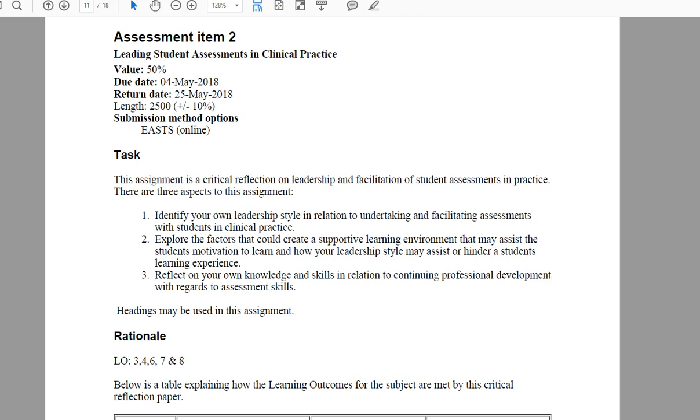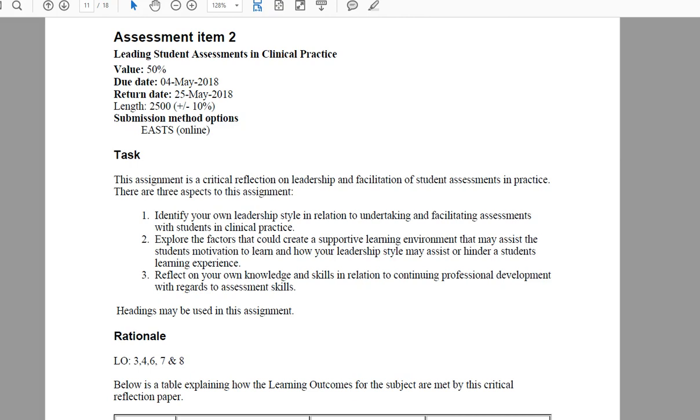Or autocratic, you might talk about yourself as being a transformational leader, where you're transforming those students. They come in and they're inspired by your leadership style in facilitating their assessments. You might be a transactional leader.